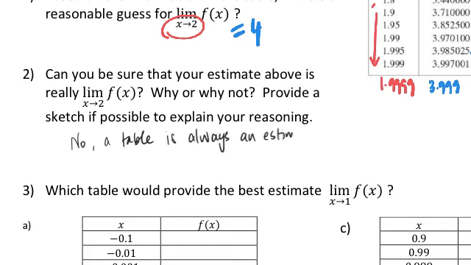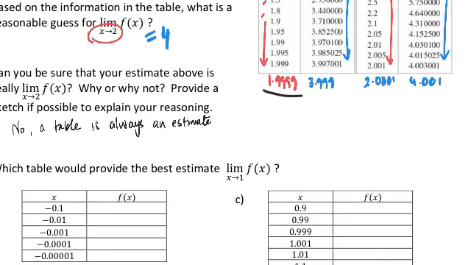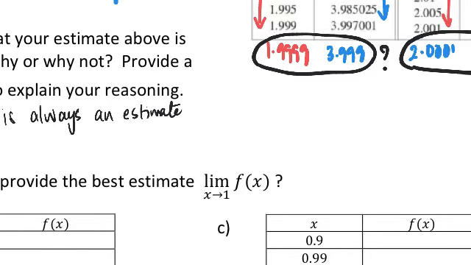Because unlike a graph, which actually shows you what is happening to the function as you get even closer, here I didn't really know what happens if I were to get even closer to 2, right? You know, there could be some weird situation like this where I'm just going to zoom in.